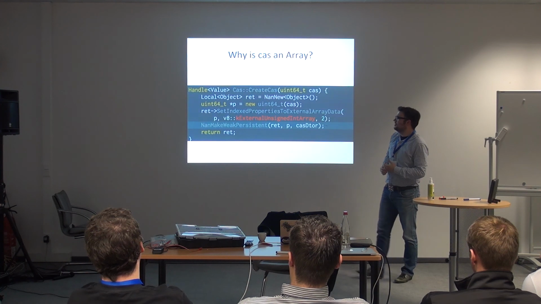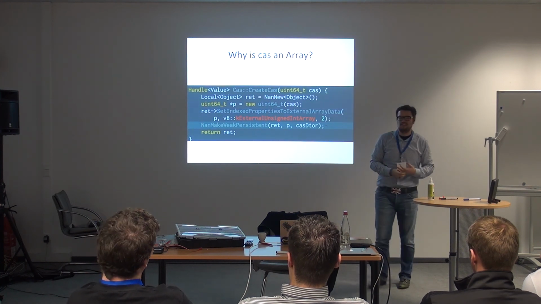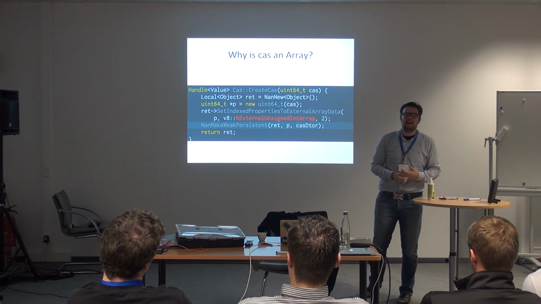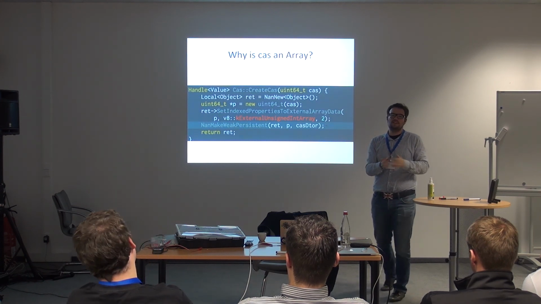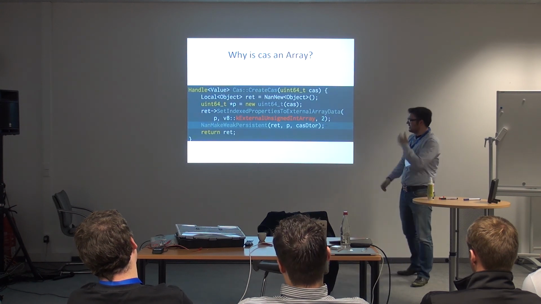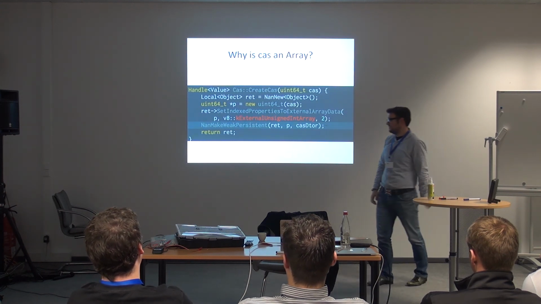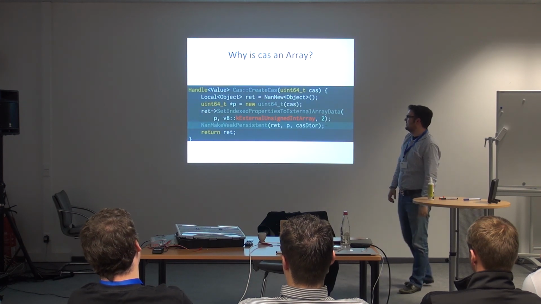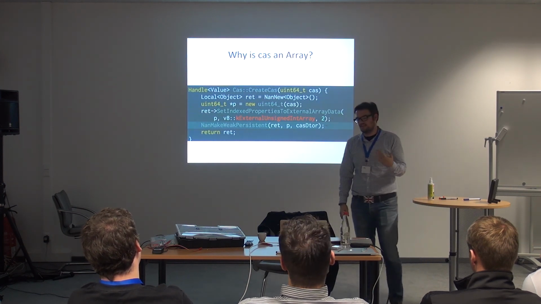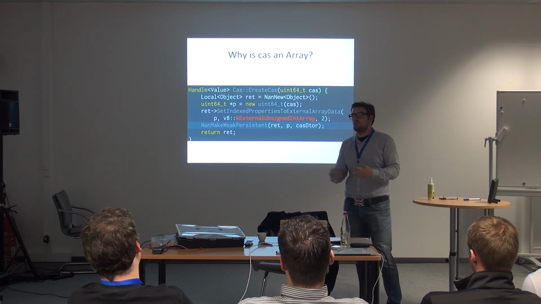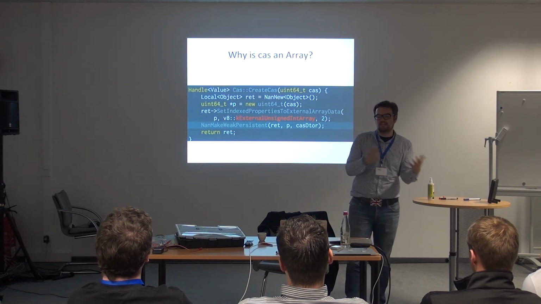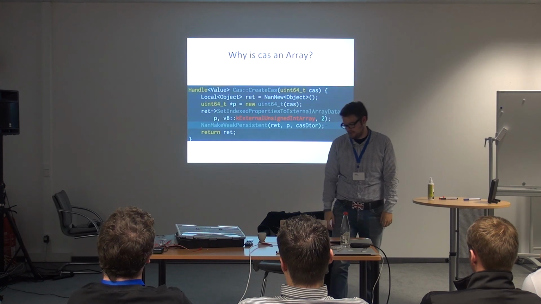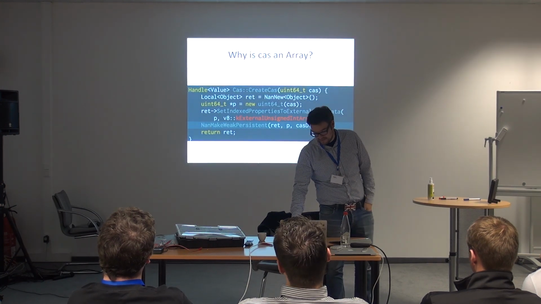What we do is we create an array from that and just act as if the 64-bit integer would be two 32-bit things, so it's going to be split. We don't even make a real array out of it, so that's why it shows up as this object with two properties. And we just return this to you, because this is the fastest way to pass that object around without us having to make sure that it stays in the way or serialize it to a string or whatever. So this is why this cas value looks really weird.